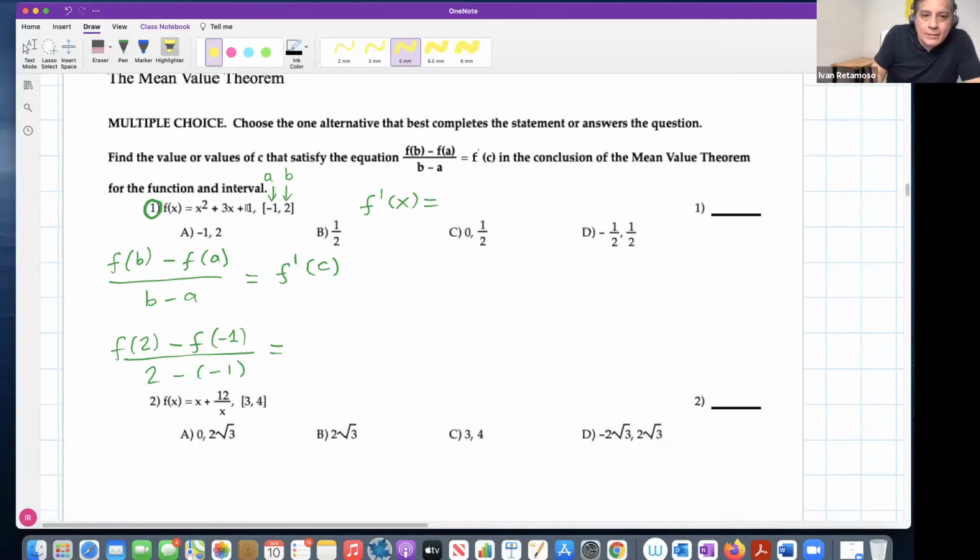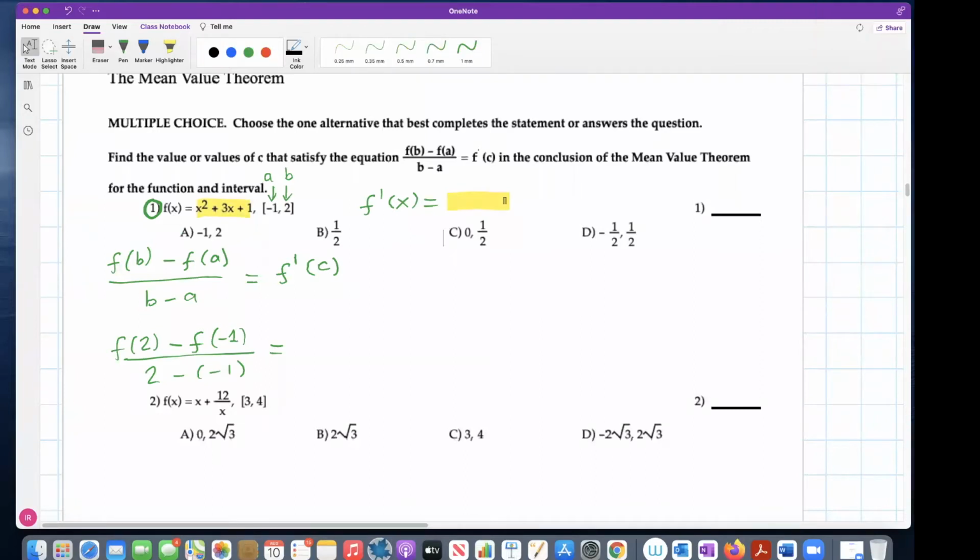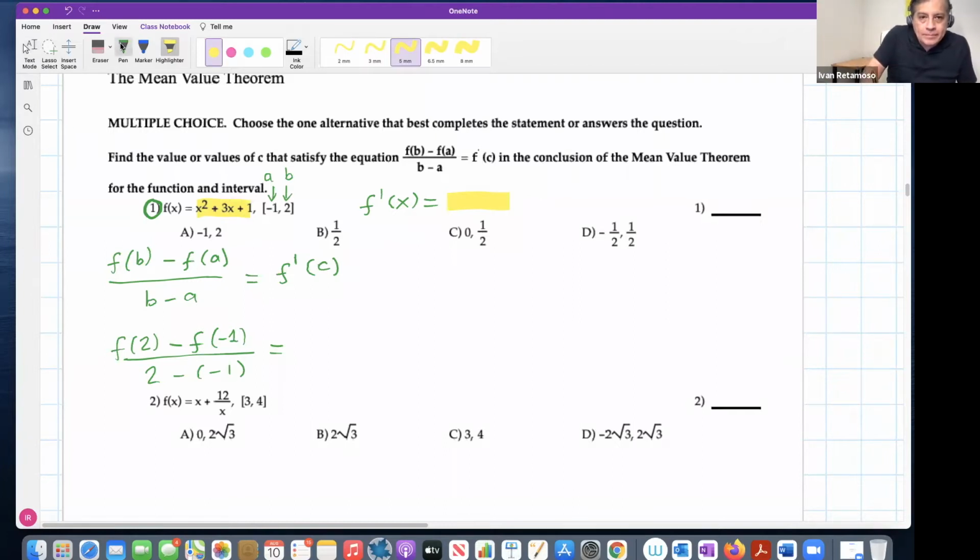Anybody could tell us the derivative? 2x plus 3, right? Very good, excellent. The derivative of the polynomial function is 2x plus 3. But now I want the derivative evaluated at c.